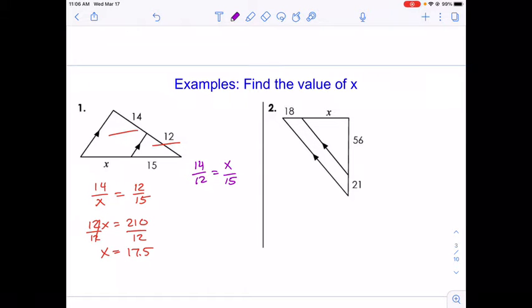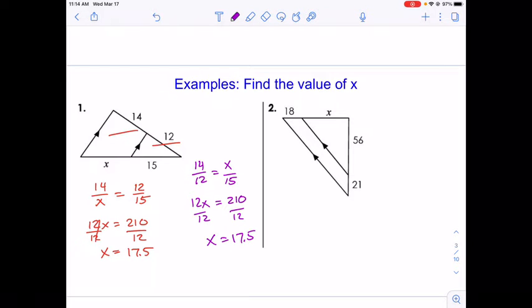Notice that 14 and x are in the same set of parallel lines, so we can put 14 and x on top and 12 and 15 on the bottom. When we cross multiply, we're still getting the same result, even though the 12 and the x just changed places. So 12x is still equal to 210. We divide by 12, and x is equal to 17.5. So it just depends on how you want to look at it. You can work them either way.